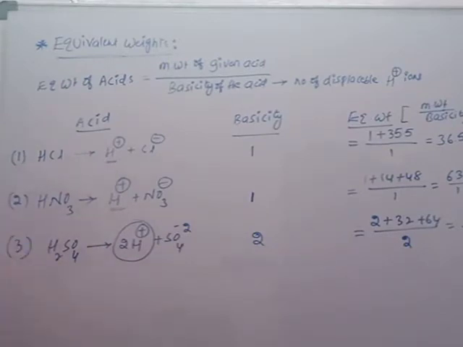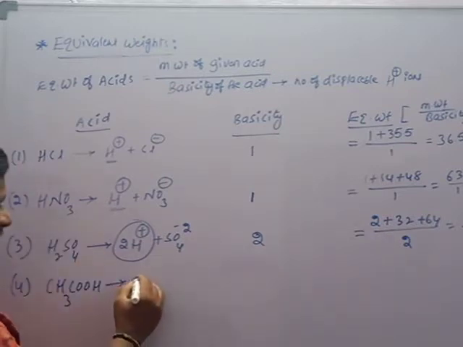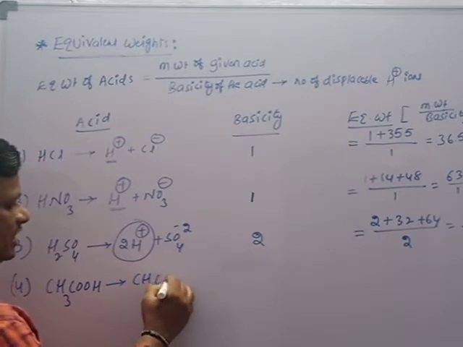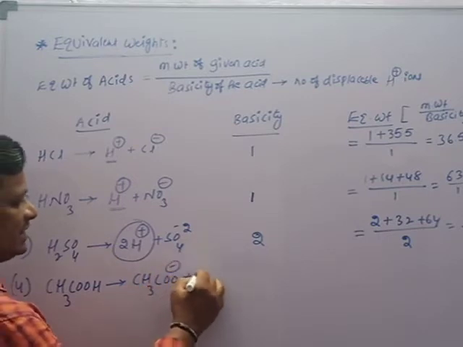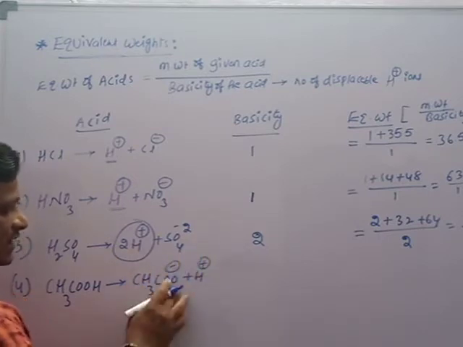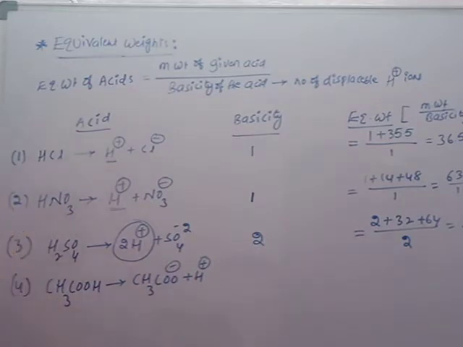Then for example, acetic acid. What is acetic acid? CH3COOH. CH3COOH gives rise to CH3COO minus plus H plus, where CH3COO minus is the acetate ion.